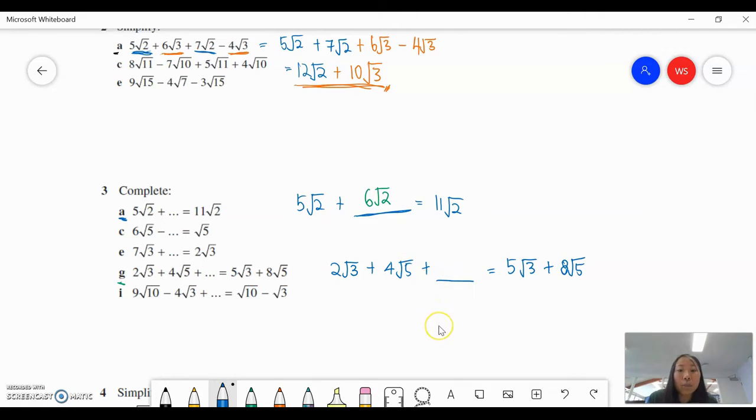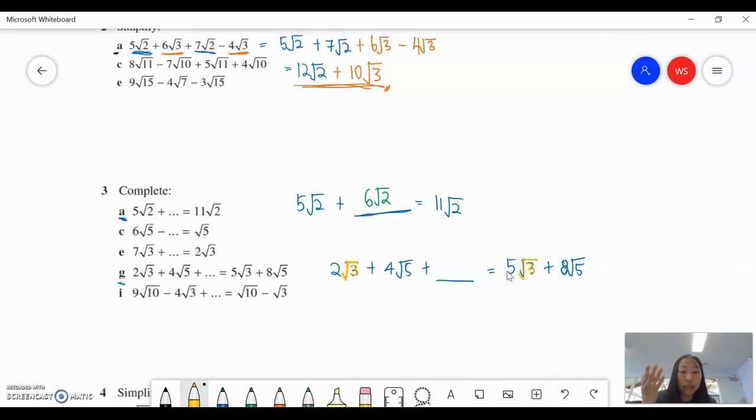So if we were to compare, let's see, the square root of 3, and I'll just do that in yellow, just so that I color code that and make it a little bit more obvious. Square root of 3 on the left side versus that on the right side. Now there are 2 groups on the left side and 5 groups of that on the right side. So how many more groups of square root of 3 do we need to ensure that 2 groups become 5 groups?